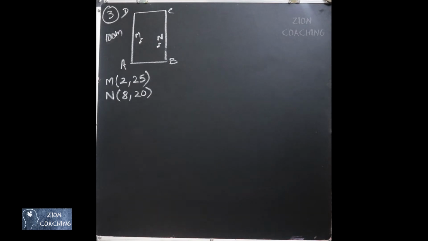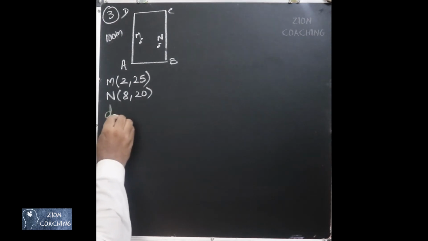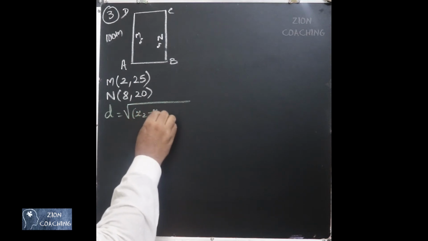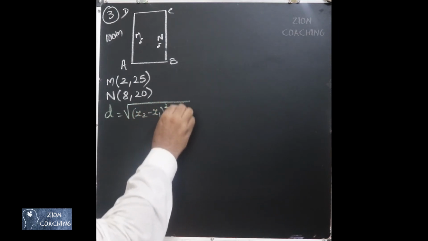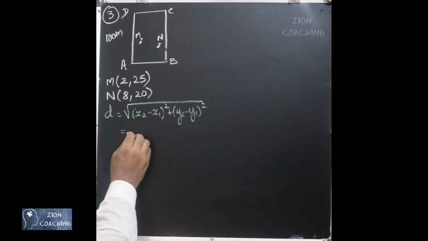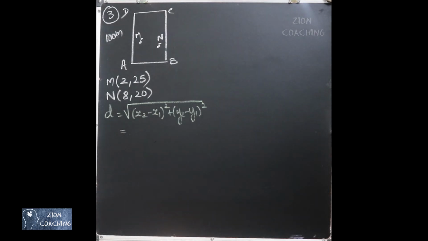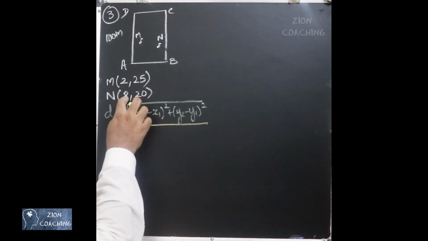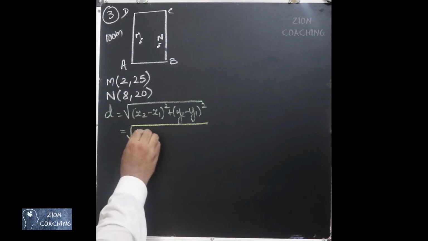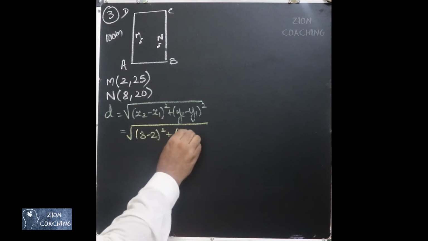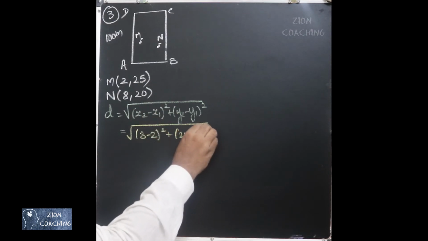The first thing they are asking us to find is the distance between these 2 points. You know that the distance is given by the formula square root of (x2 minus x1) the whole square plus (y2 minus y1) the whole square. This is your x1, y1 and this is your x2, y2. So (8 minus 2) the whole square plus (20 minus 25) the whole square.